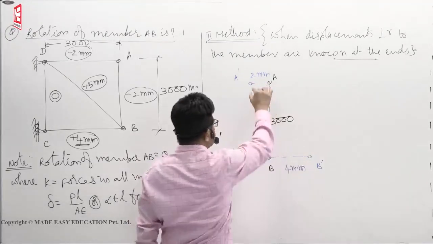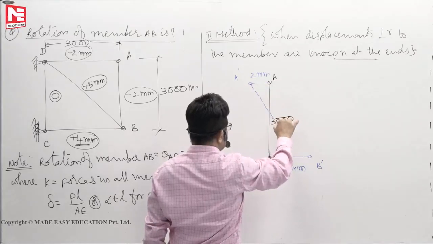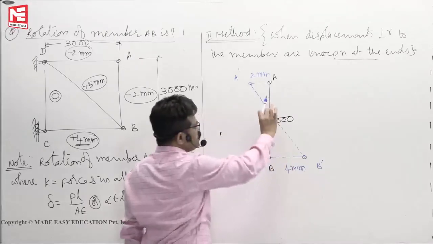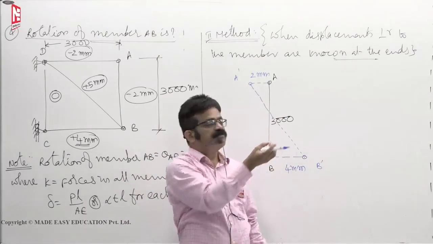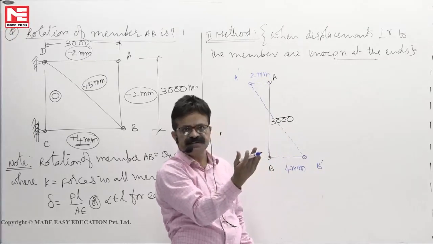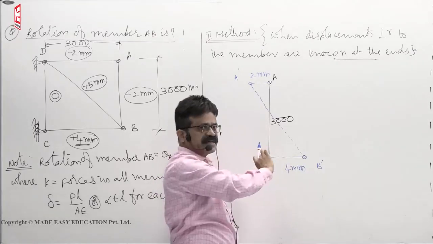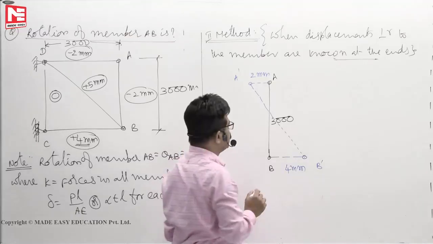Now after this displacement, the final displaced structure is like this. In the process, it also contracted 2 mm out of 3000 mm. Whether that contracted or elongated, it has no influence on the rotation, because that 2 mm is a second order displacement, so that rotation we will neglect.